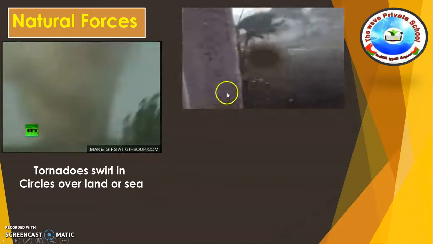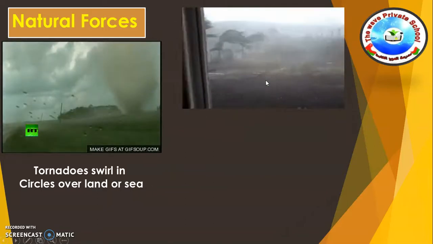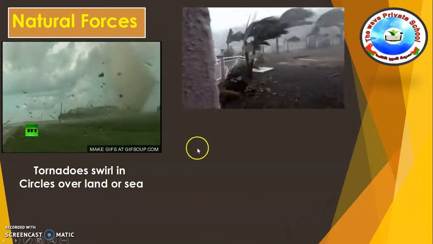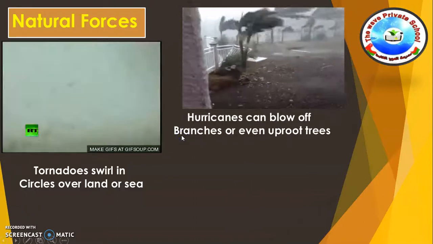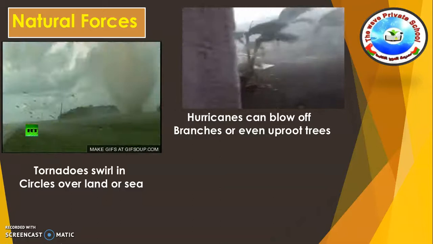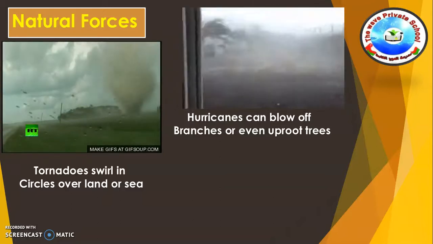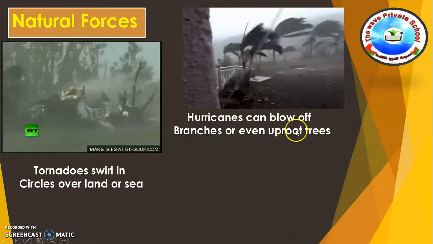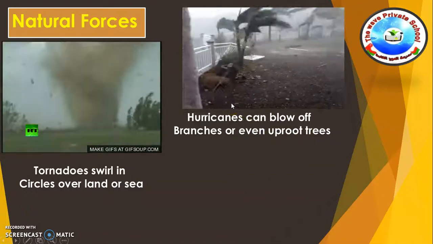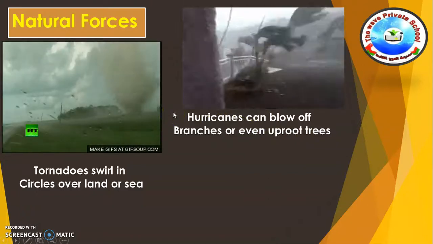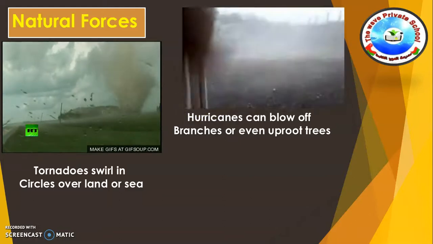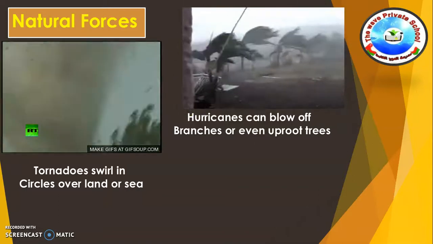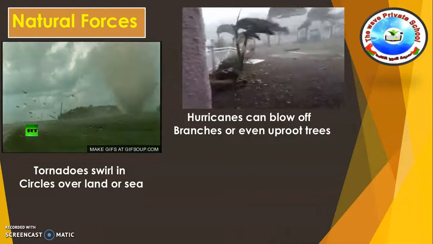Another one, look at this clip here. So this is also caused by a very strong wind. This one is what we call hurricanes. Say the word hurricanes. Okay. Hurricanes can blow off branches or even uproot trees. Look at that one. So these two are examples of a strong force caused by wind that can even move faster than a Formula One race car.